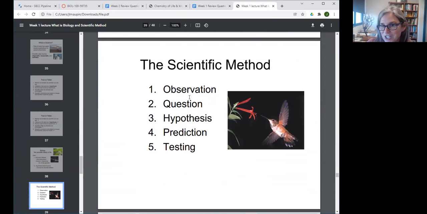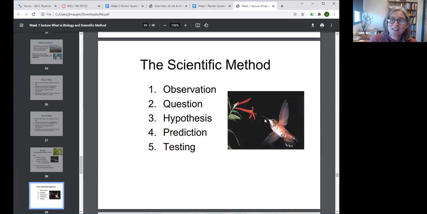So you have an observation, and that's just observing something in the natural world. And we had this example of a hummingbird visiting red flowers. And the observation is that hummingbirds often visit red flowers. The question was, why do they often visit red flowers?